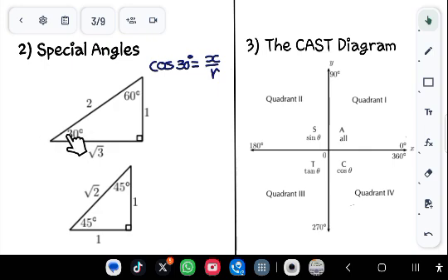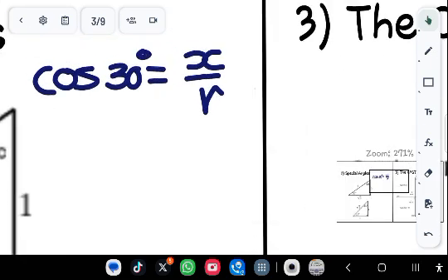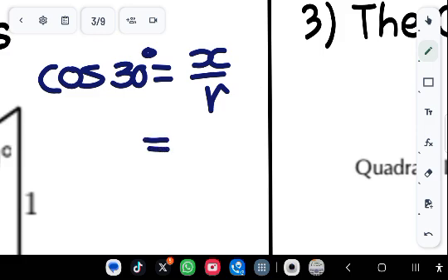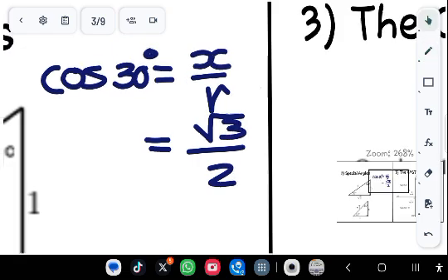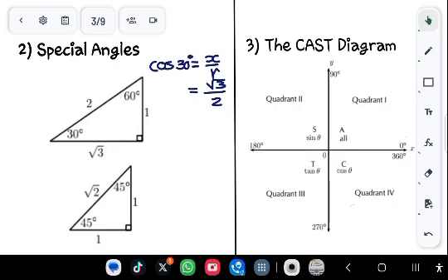So this will be the triangle, the scalene one. Now here is the angle of focus, which is 30 degrees. Now we're looking for cos. That means the adjacent, square root of 3, over the hypotenuse, 2. So that will be equal to the square root of 3 over 2. And that's how you use special angles.